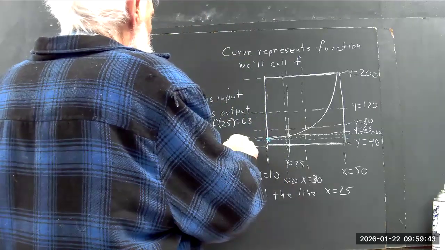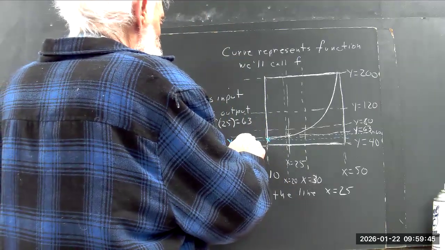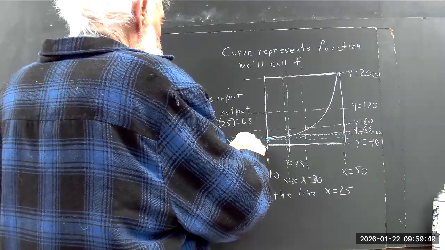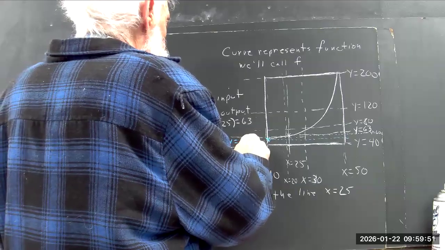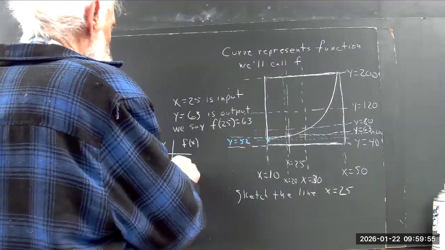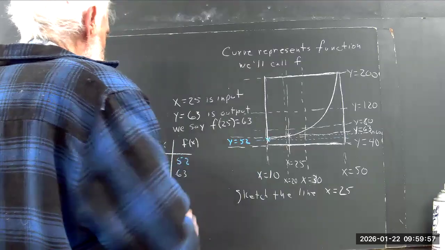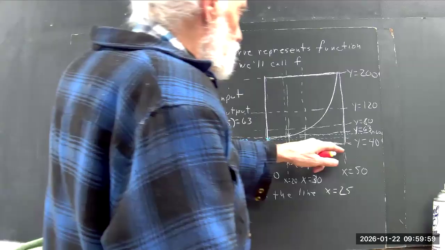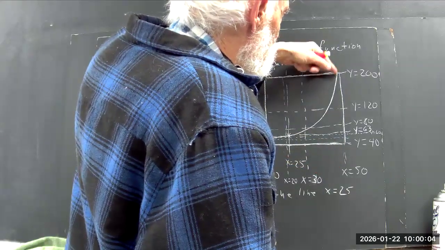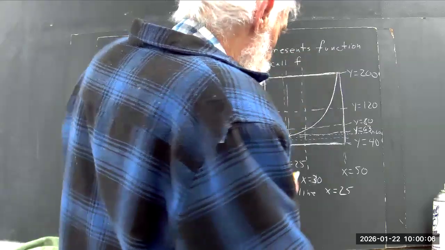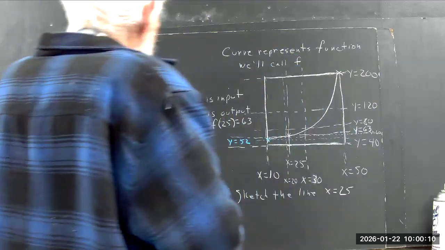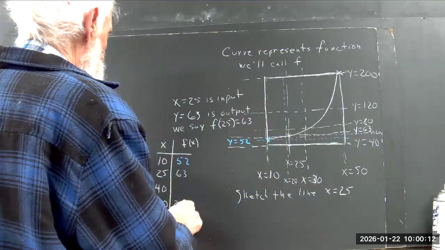So I'm going to estimate y equals 52 on that line. I'm going to put 52 right here. Where's x equals 50? It looks like the graph hasn't gotten to the upper corner there, but let's just pretend it did. And we probably say y equals 200.